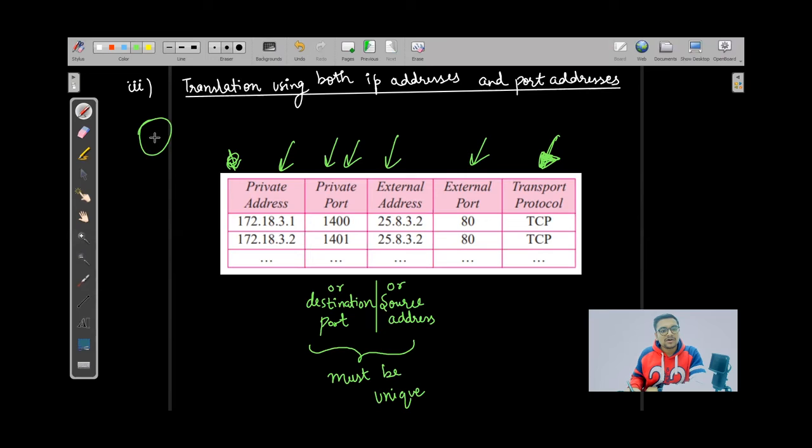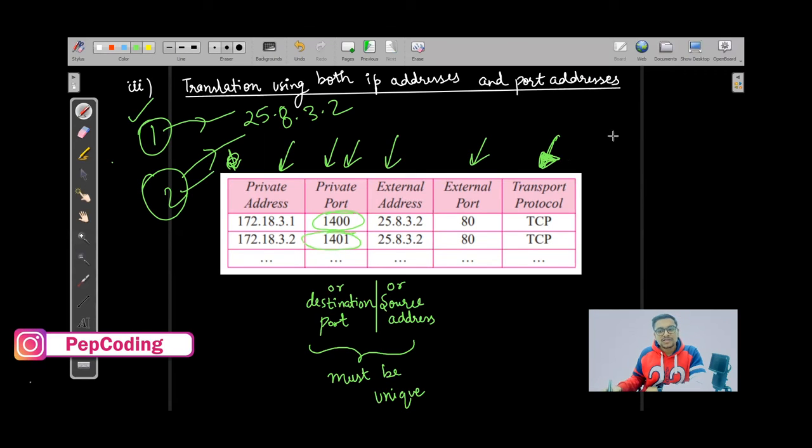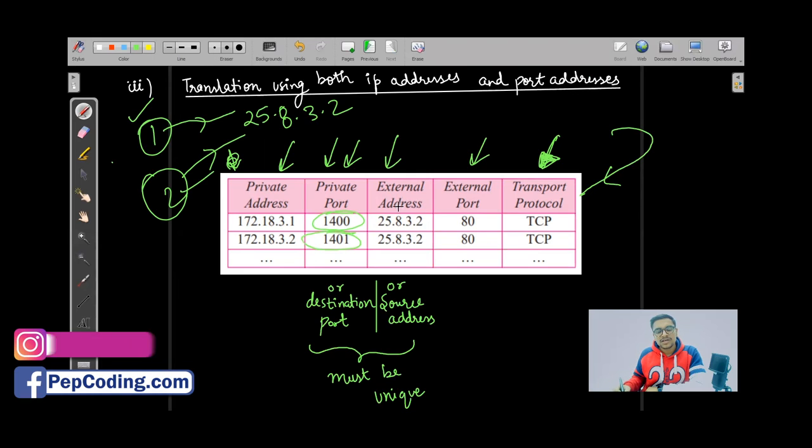This is private host number one, this is private host number two, and let's suppose I want to access google.com, whose IP address is 25.8.3.2. I'll store not just the IP address of private host number one, but also its port number, and similarly for device number two, its port number. Now when the response comes, we will check.